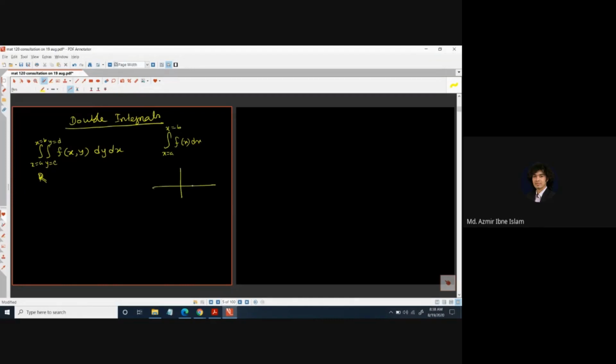Here we have an interval. x equal to a is a vertical line, x equal to b is another vertical line, and inside this interval the function f of x is continuous. That means for this type of integral, we need intervals. But here we have a region.